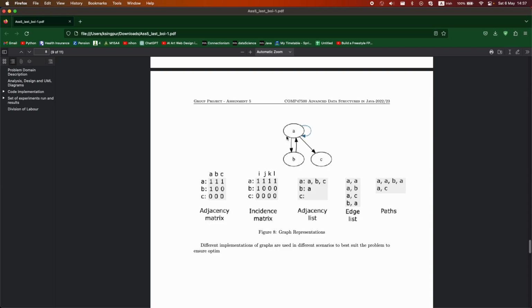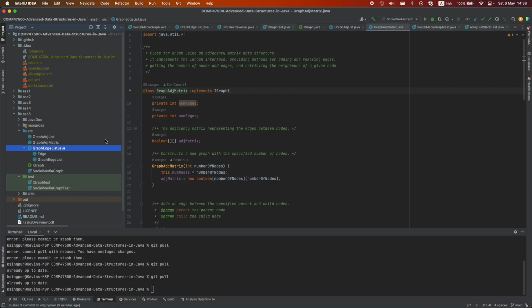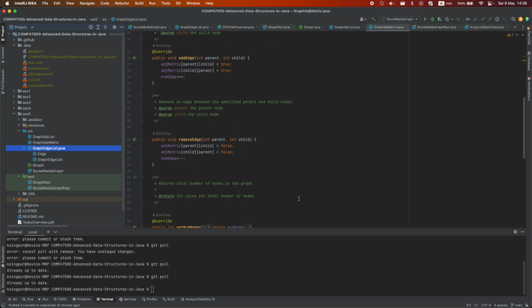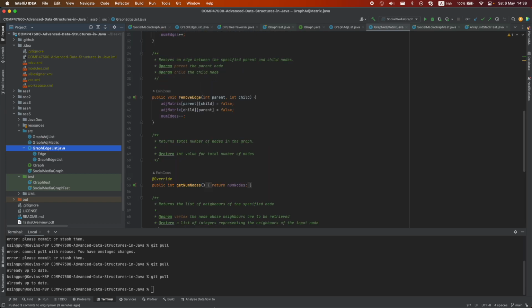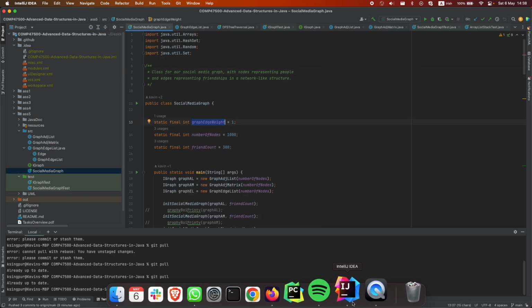We gave a default value of 1 for all of these weights, which creates an unweighted graph, and we just don't need that for our social networking graph. Our implementation has the capability of adding weight as a parameter, but we currently don't make use of it. And that would be in social media graph, where we have the graph edge weight.